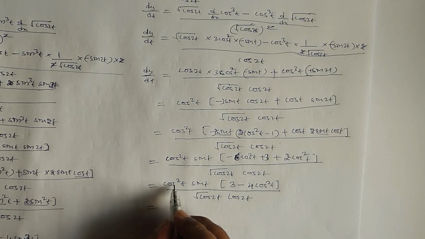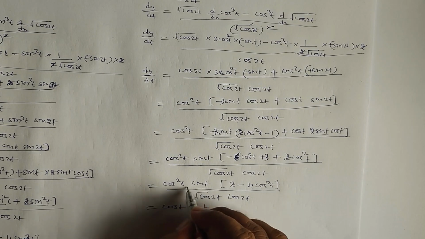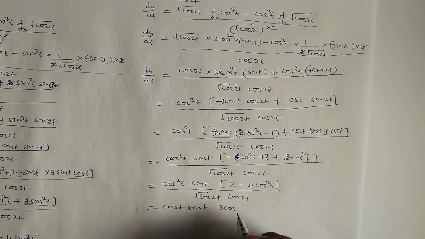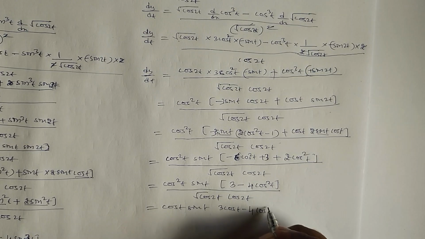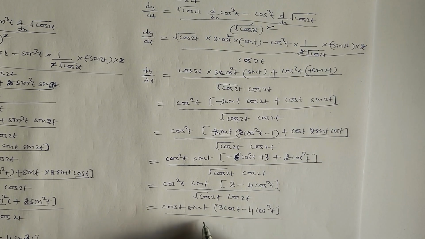So that is equal to taking one cos inside, cos t into sin t, cos inside gives 3 cos t minus 4 cos cube t, okay, divided by root cos 2t into cos 2t.